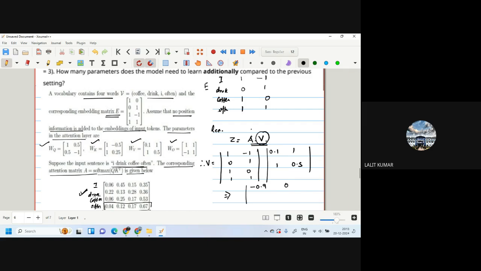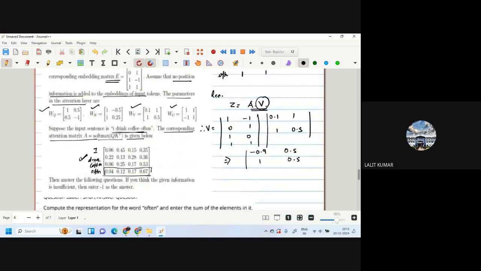This is 0.5. This is 1. This is 0.5. This is 0.1. This is 1. And this is 1.1. And this will become 1.5. So this is my V.